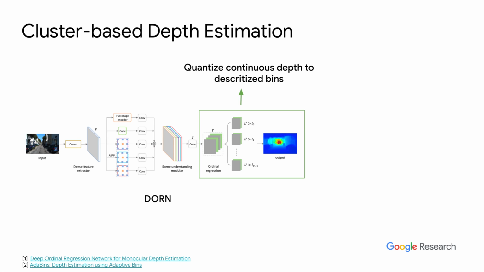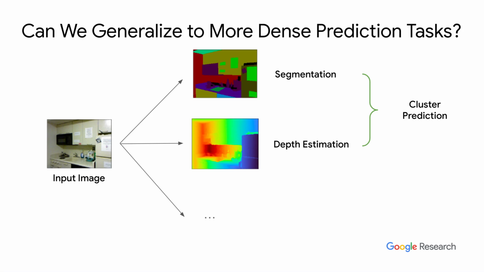After casting the depth estimation task into classification, it now fits nicely into the aforementioned cluster prediction paradigm. This insight of using classification to perform dense prediction in the continuous domain opens up the possibility of performing many other continuous prediction tasks using the cluster prediction paradigm.